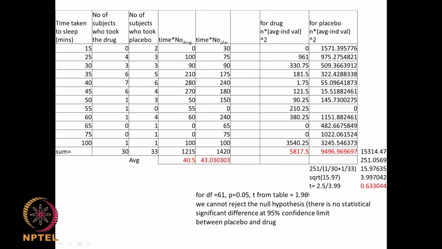So this should read as 1.645. Whether it is 1.645 or 1.96, the table T is much higher than your calculated T. So there is no reason for you to reject the null hypothesis at 95% confidence interval. That means the drug does not reduce the onset of sleeping time when compared to the placebo.